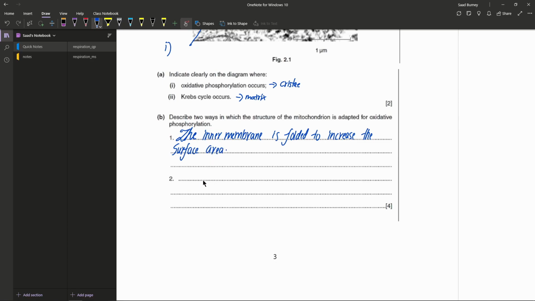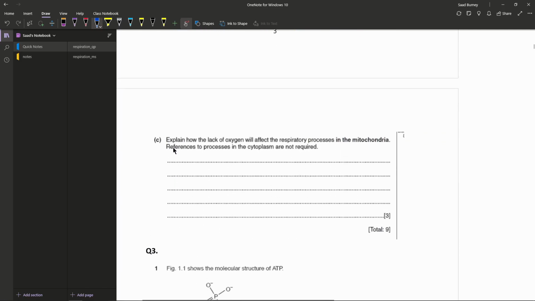That's point number 1. And we also know that the mitochondrion contains the enzyme ATP synthase.